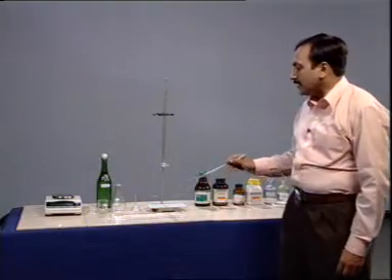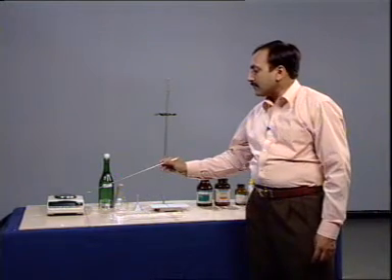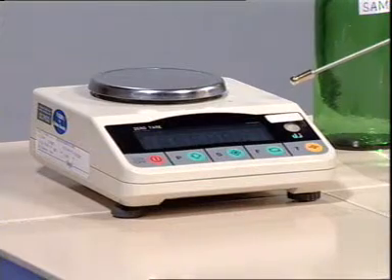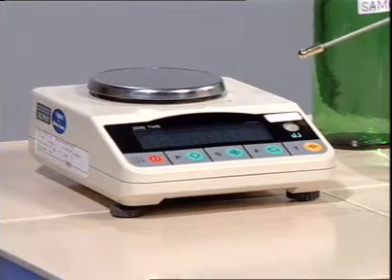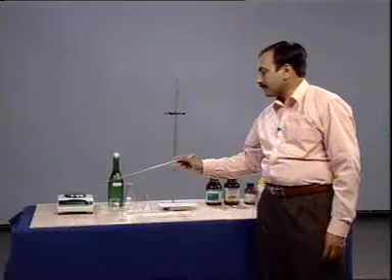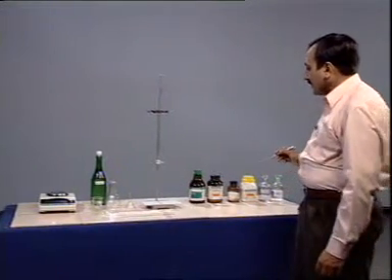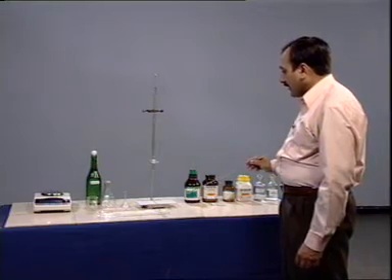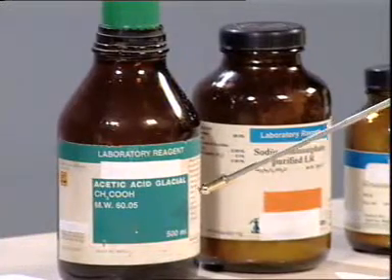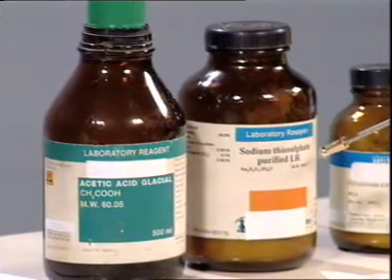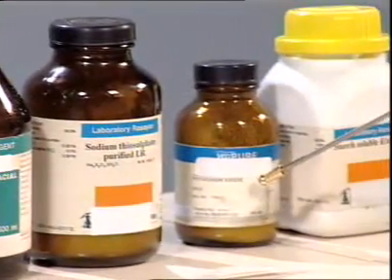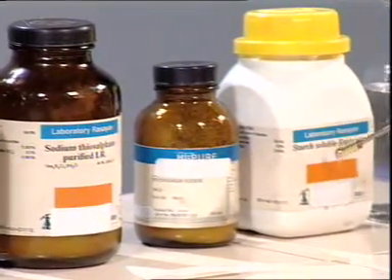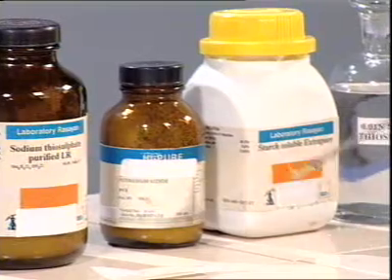In addition, we need a weighing machine, preferably an electronic balance of about 200 gram capacity and accuracy 0.001 gram. The reagents that we need are acetic acid glacial, sodium thiosulfate of LR grade, potassium iodide and starch powder.